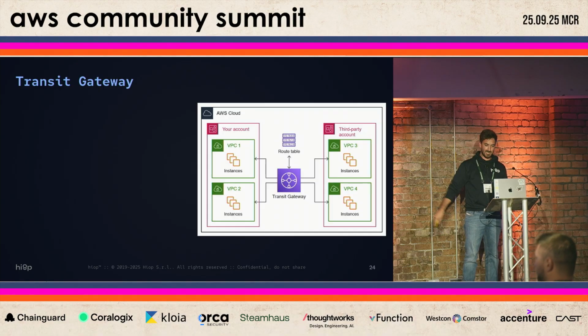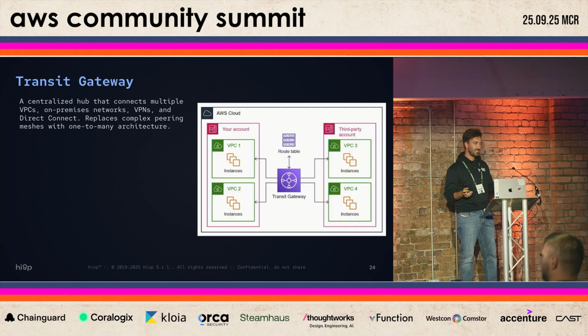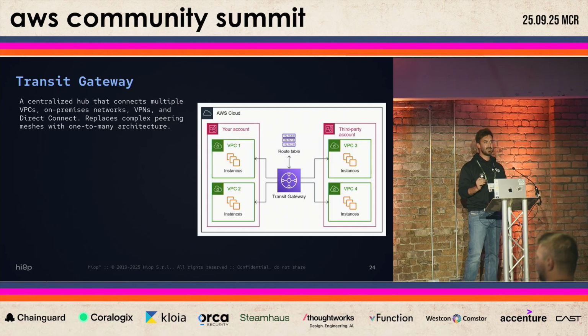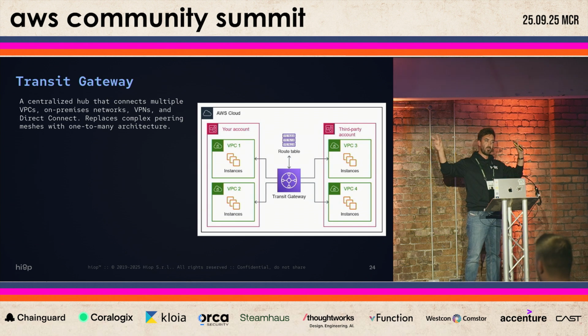So, the transit gateway is a centralized hub that allows you to connect multiple VPCs, VPN connections, and VPC peering connections. The main difference from VPC peering is, of course, as in the name, the transitivity of the communication. Remember I said before that in VPC peering you have to configure the route tables of both subnets in order to make them communicate.